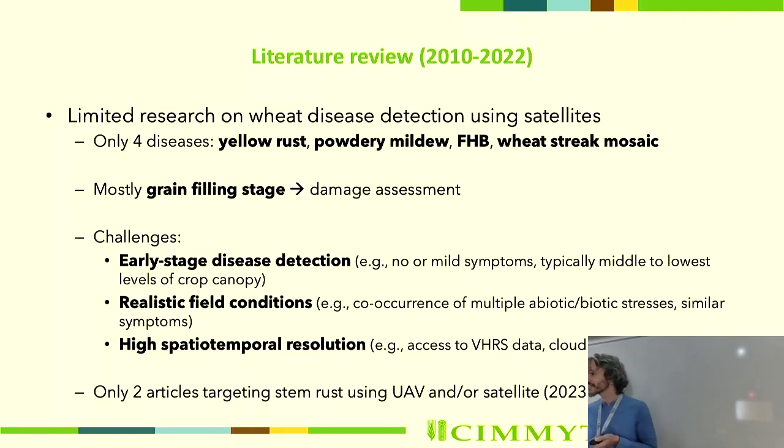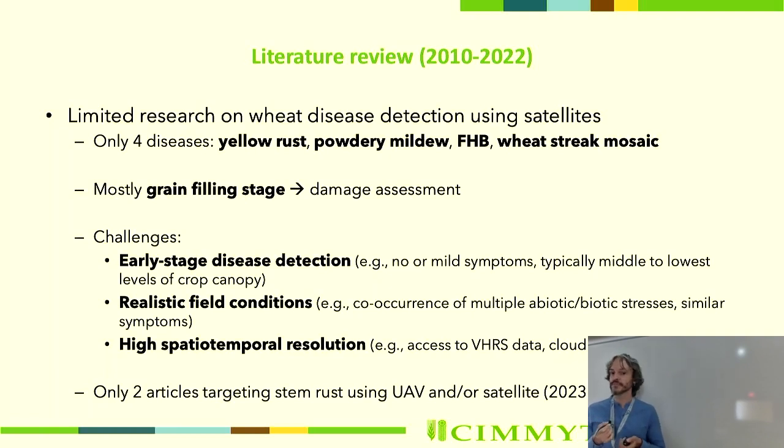But what about stem rust? You cannot see it so easily when the disease starts and is progressing and so on. So our challenge is basically in the early stage disease detection. We have no or mild symptoms at early stages. We have typically middle to lowest levels of crop canopy where the infection starts. The next one would be when we move out from a controlled environment to farmer fields, an uncontrolled environment.